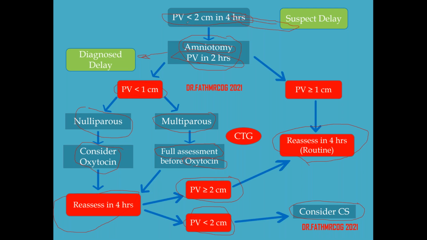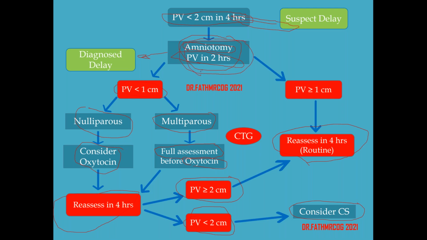If you find equal to or more than 2 centimeters, this is not delay, this is normal. So first, start with the patient with suspected delay. You should do 2 things: amniotomy and PV after 2 hours.